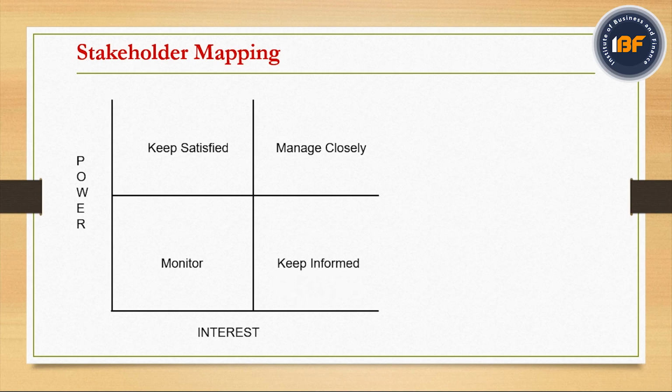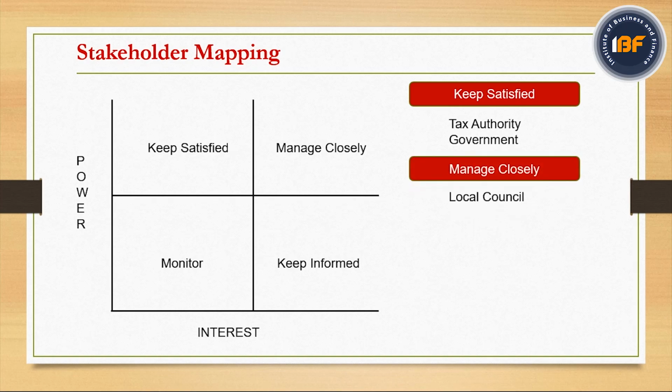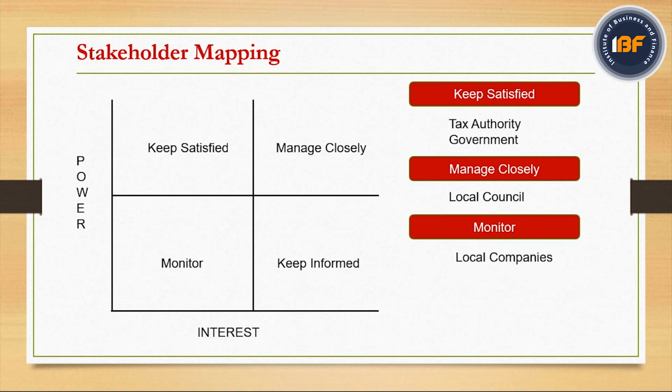And lastly, those whom we need to keep informed. Let me show you. In keep satisfied, we have tax authority and government. In manage closely, we have local council. While monitoring, we have competitors or local companies.